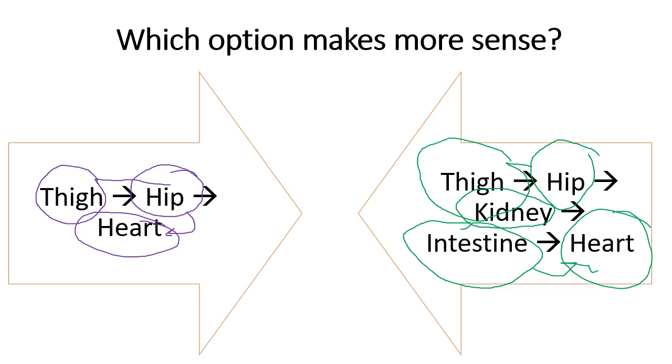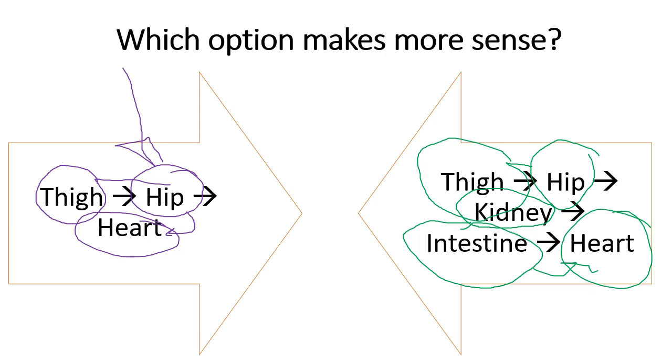Hopefully you've decided that this first option over here makes more sense. We can see how we would directly go between these regions to the heart. It's not a straight shot, but it's a direct shot from thigh up to the hip, up to your heart.